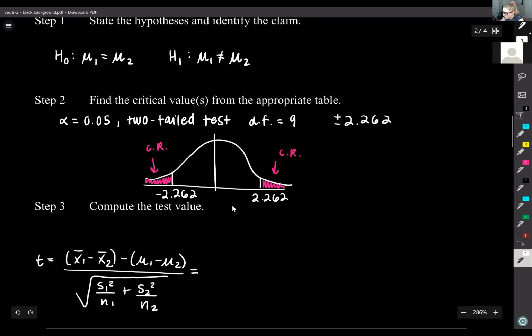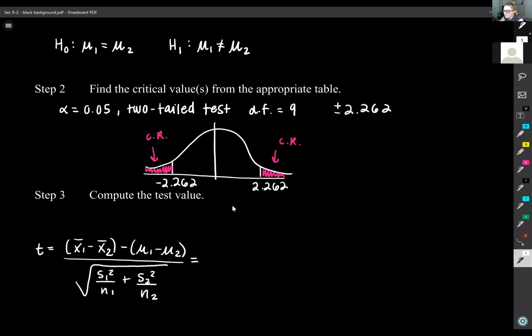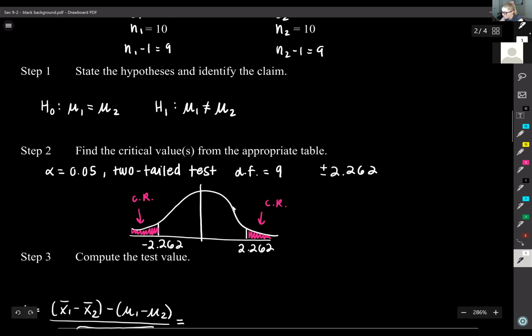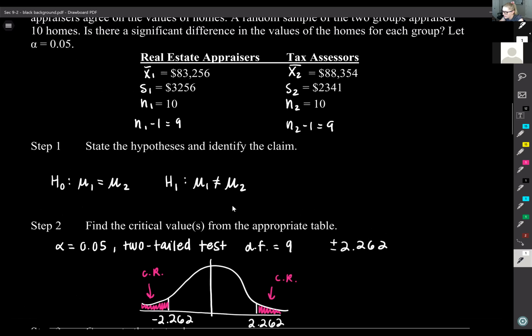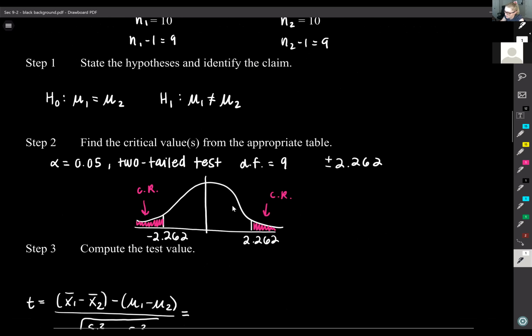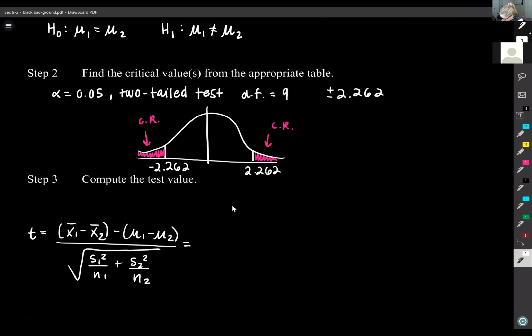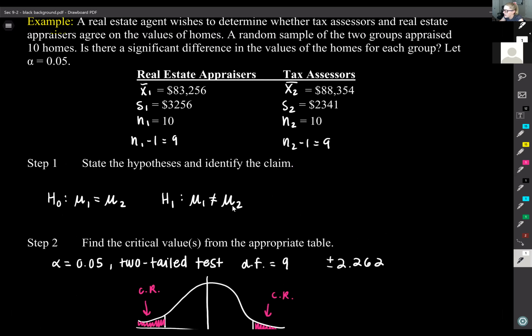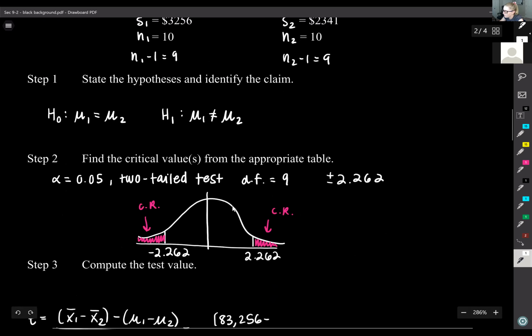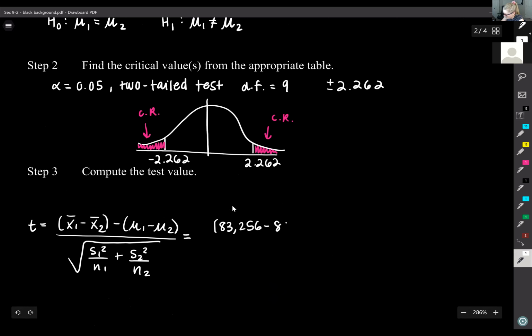So our x1 bar is going to be the mean from our first sample, and that's given to us as 83,256. And then we need x2 bar, which is given here as 88,354. And then we would have minus mu1 minus mu2.